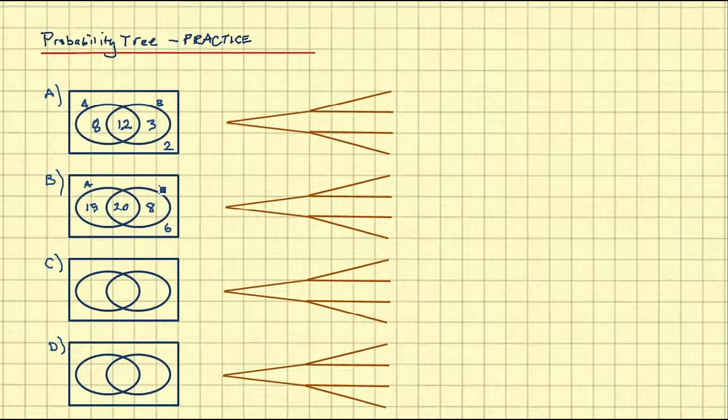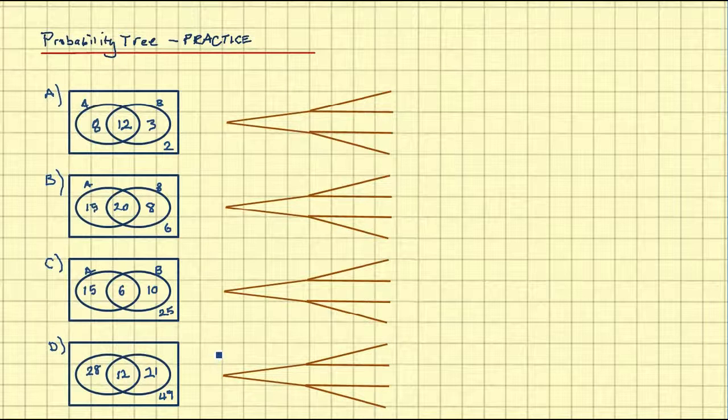Again, A and B. Then we'll have 6 in the middle, 15 then, 10 and 25 the outside, A and B, and finally we'll have 12 in the middle, 28, 21 and 49.